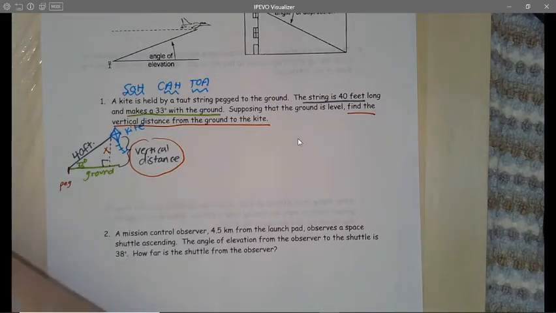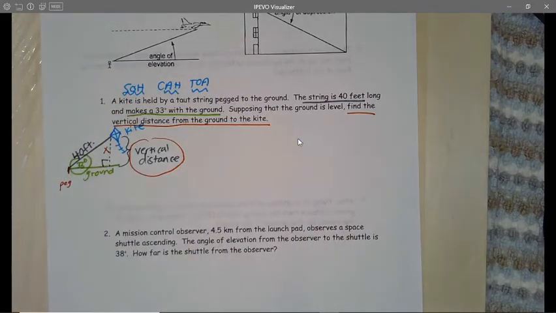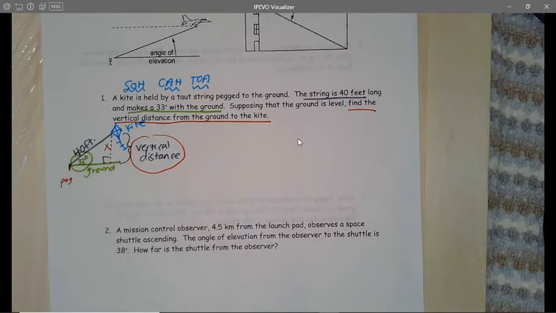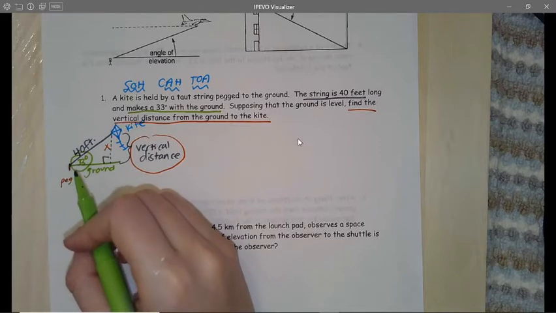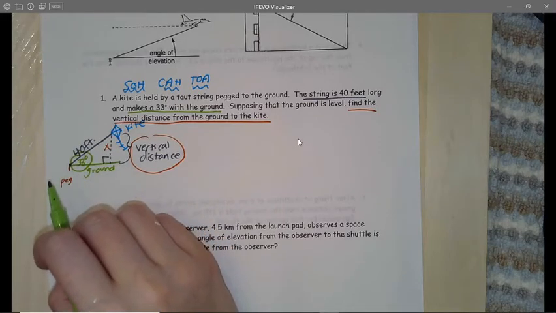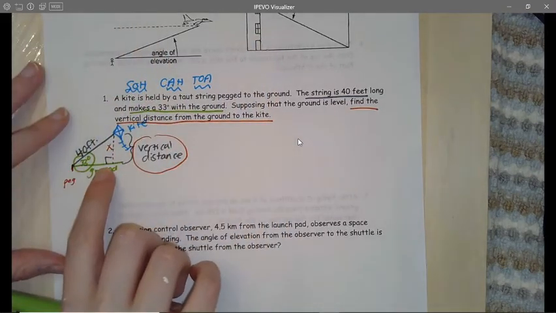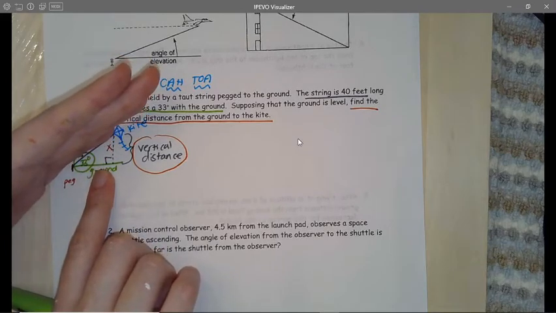Before we get started, I always like to know, am I dealing with an angle of elevation or depression? This is the angle that we're given in the problem. We're not solving for the angle because they told us the angle, but I want to know, is this an angle of elevation or depression? I spot in the problem a horizontal line and then a line that is above the horizontal line.